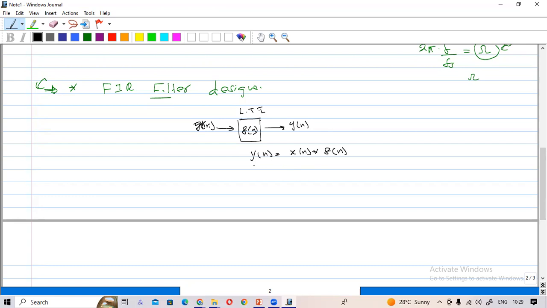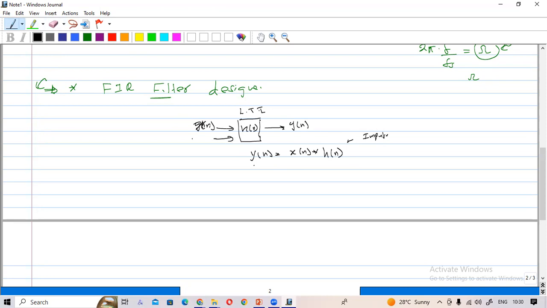So we use other techniques to find this h(n), the impulse response. Sorry, don't get confused: delta n is the impulse, and h(n) is the impulse response.